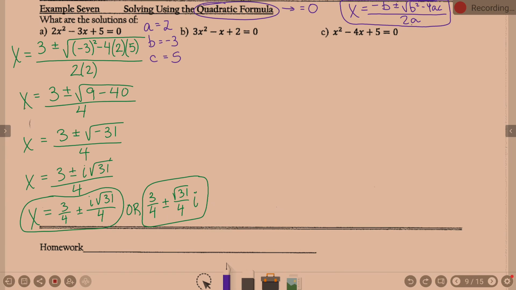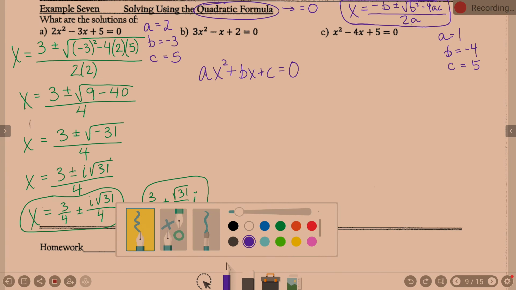If you want them, you can write them down. What's a? 1, because it's in front of x squared. What's b? Negative 4, because it's in front of x. What's c? 5. I'll put it over here in the middle, but there's your form, right? ax squared plus bx plus c equals 0.